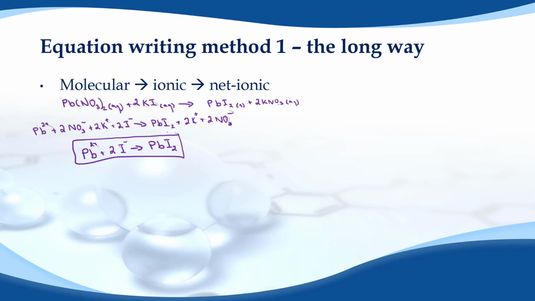You mix these two solutions together, and all you see is the lead ions and iodide ions combine to form a lead iodide precipitate, which is your sign of this reaction. This precipitate is actually very yellow. It'll look kind of like Big Bird in a beaker.